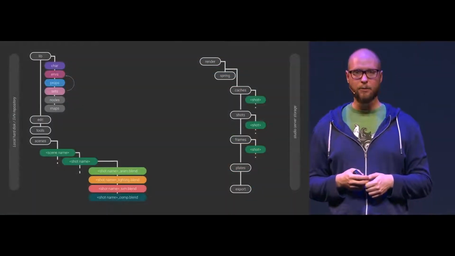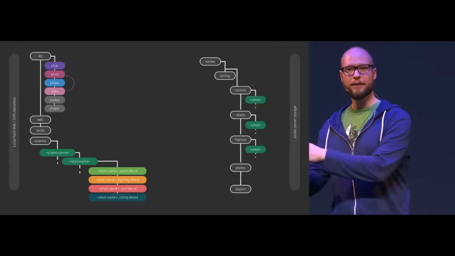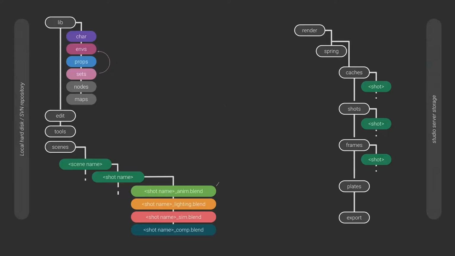So we create a file called the shotname.anim.blend, and this file links in all the character assets. It links in all the props that are needed for this character, and we link in the sets as a background. And this is really the bread and butter of what the animator deals with.